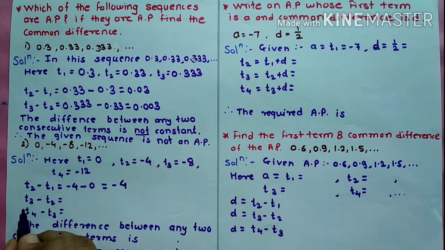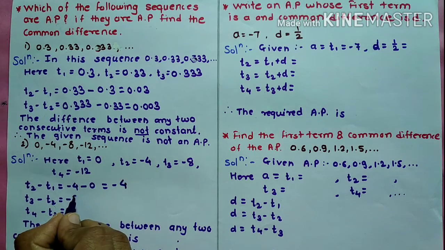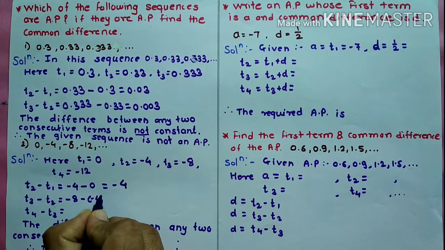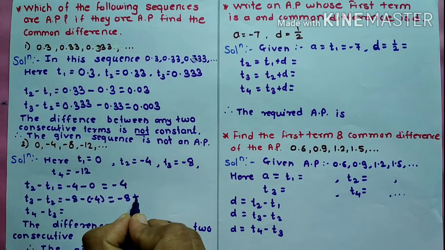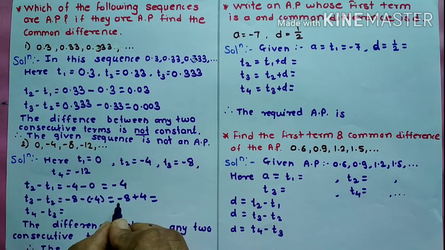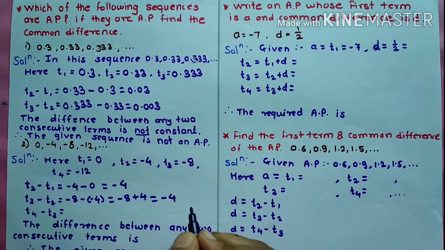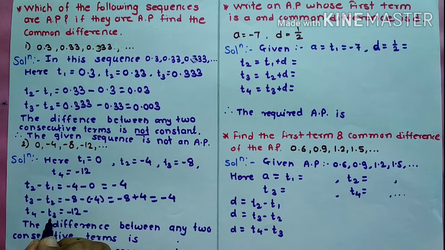Now find T3 minus T2. T3 is -8 minus T2. T2 is -4, which is -8 plus 4, equal to -4. Now we have to find the difference between T3 and T4, that is T4 minus T3. T4 is -12 minus T3.